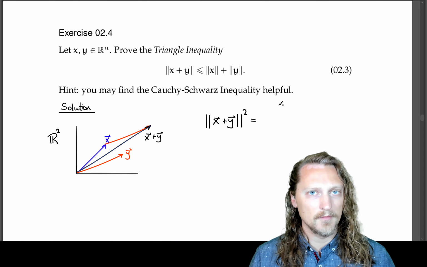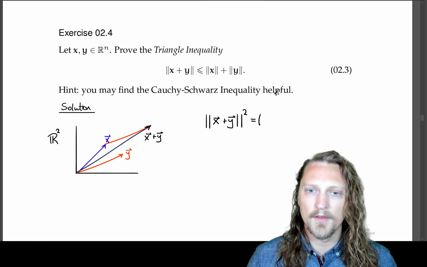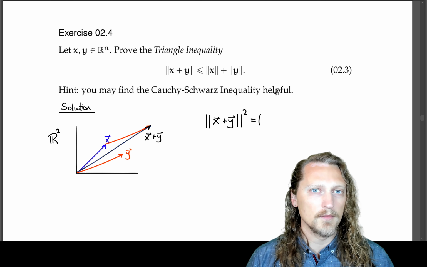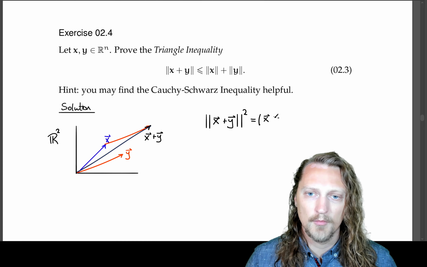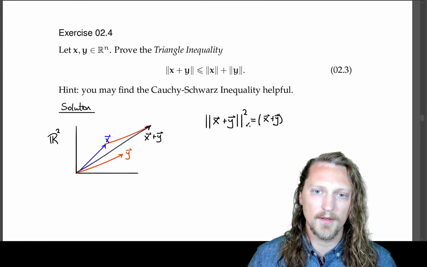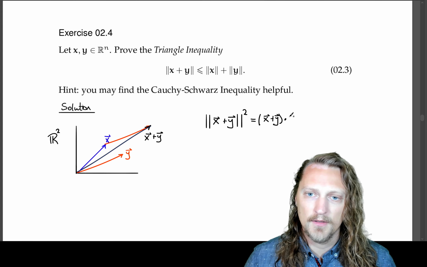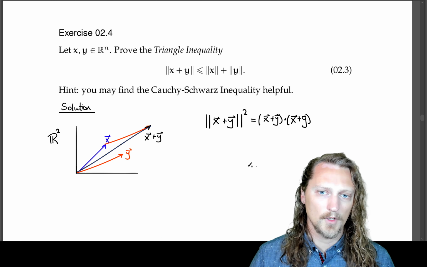We saw in that exercise that the square of the norm is the equivalent of the dot product of the vector with itself. So we have x plus y dot x plus y. Good.